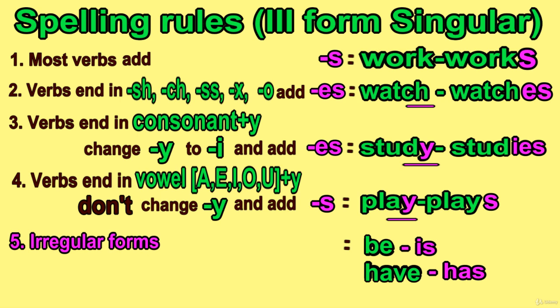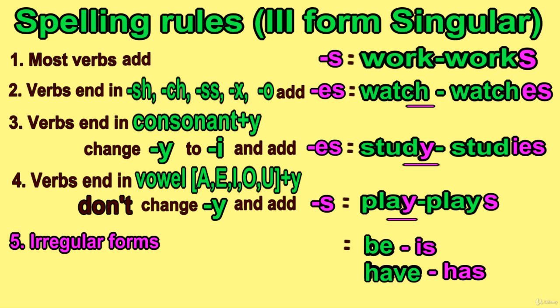But if the verb ends in sh, double s, x or o, then we have to add ending es, watch, watches. If the verb ends in consonant plus y, then we change letter y to i and add es, study, studies. And if the verb finishes with the vowel and after it there is the letter y, then we do not change letter y and just add ending s.